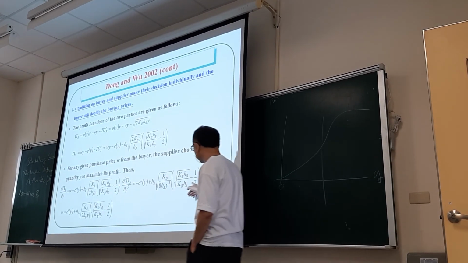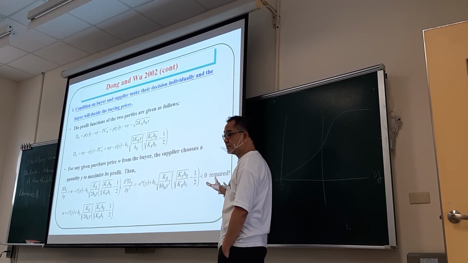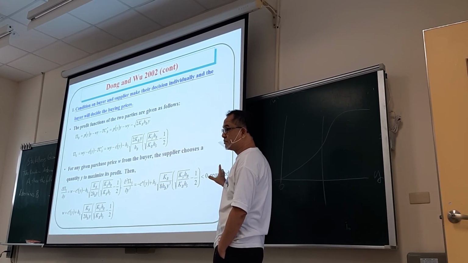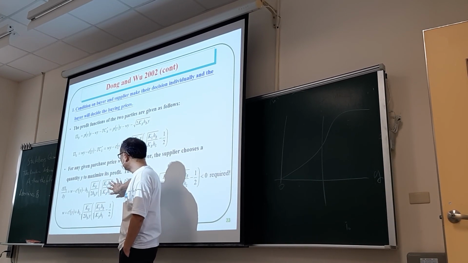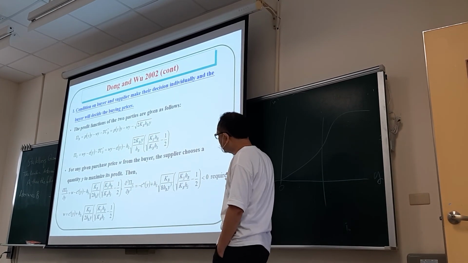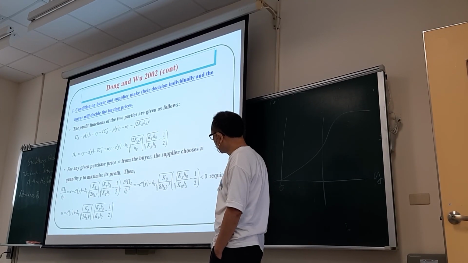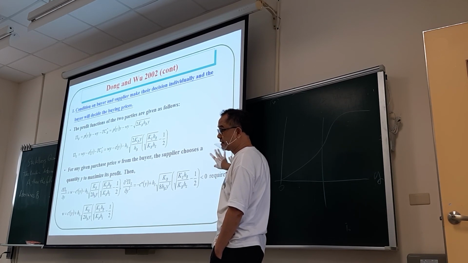The second derivative: since this is a profit function, if we try to get the optimal Y from the first order condition, then the second order condition needs to be less than 0 to identify that the function is concave.